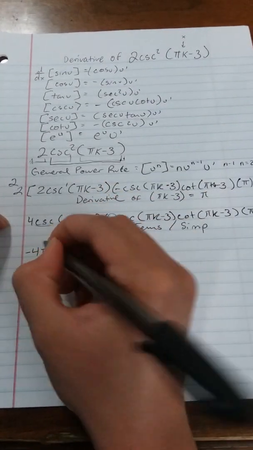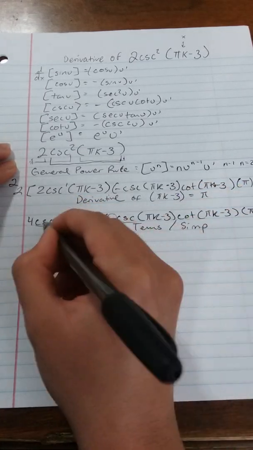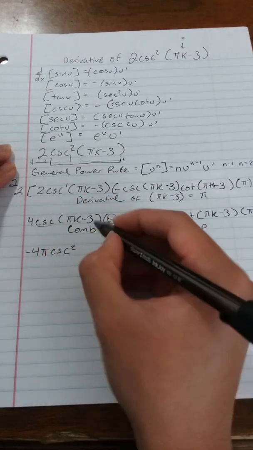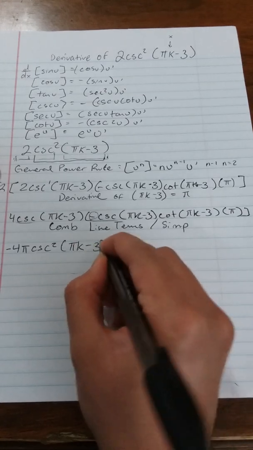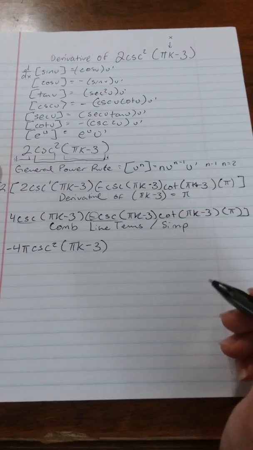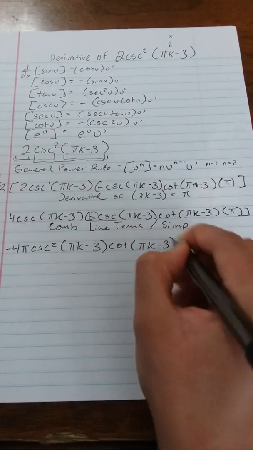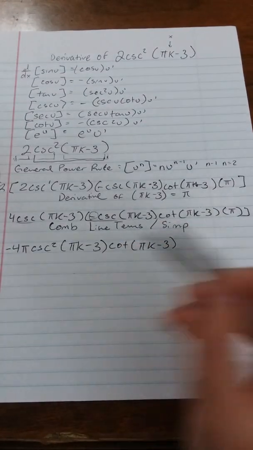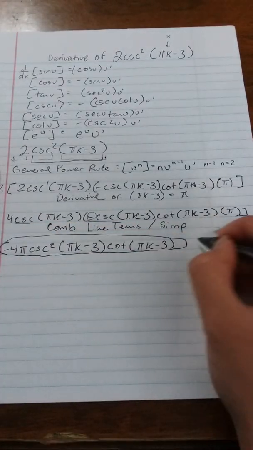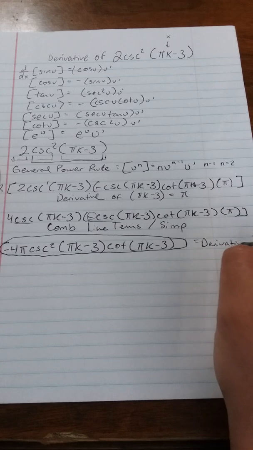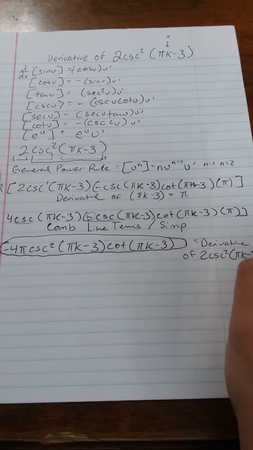So then it'd be -4π csc, and now we have these two csc's multiplied, so csc squared (πk - 3), and then we have that cotangent, which we can't really do anything with, cot (πk - 3). And that's our final answer for the derivative of 2 csc squared (πk - 3).